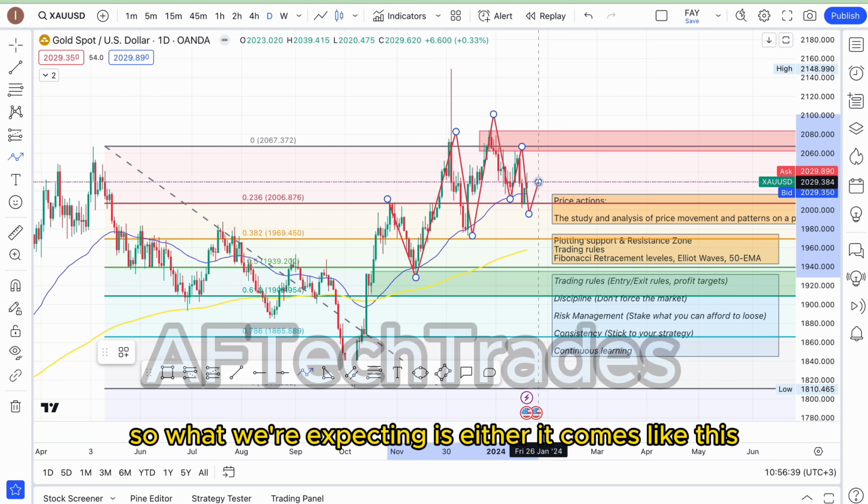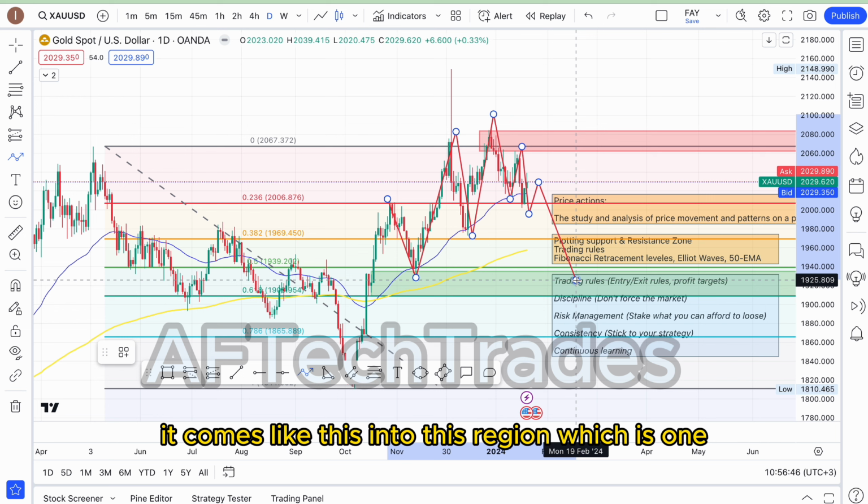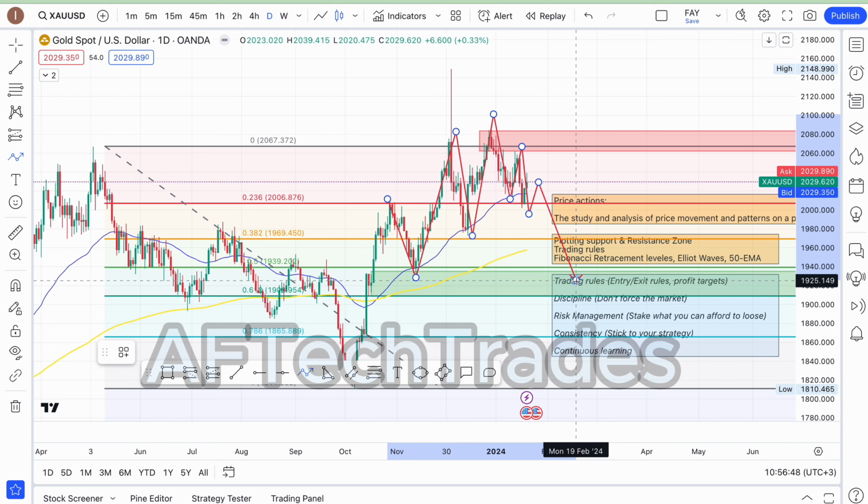So what we're expecting is either it comes like this, it comes like this into this region, which is 1. This is 1.